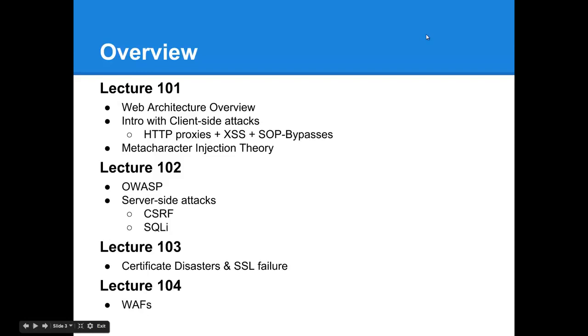Next lecture we'll cover OWASP, which is a big important resource for anyone doing web application security, and dive into server-side attacks. Then in lecture 103 we're going to cover SSL and the history of certificate disasters and failure. And in 104 we're going to end talking about web application firewalls and how they're often more of a problem than they're worth.